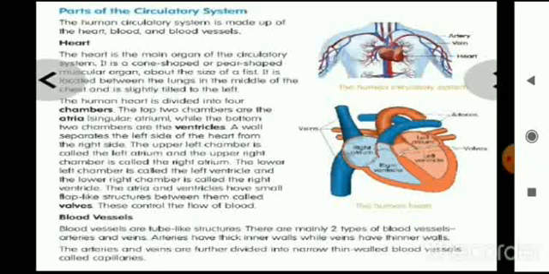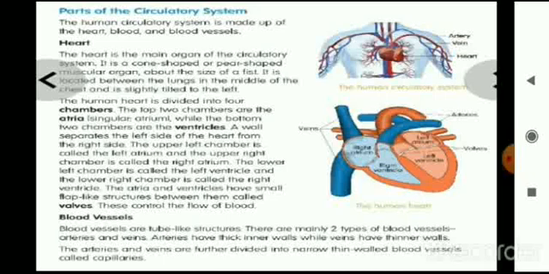The upper 2 chambers of the heart are known as atria, and one single chamber is known as atrium. Left and right atrium are combinedly known as atria. And the bottom 2 chambers are known as ventricles, right?